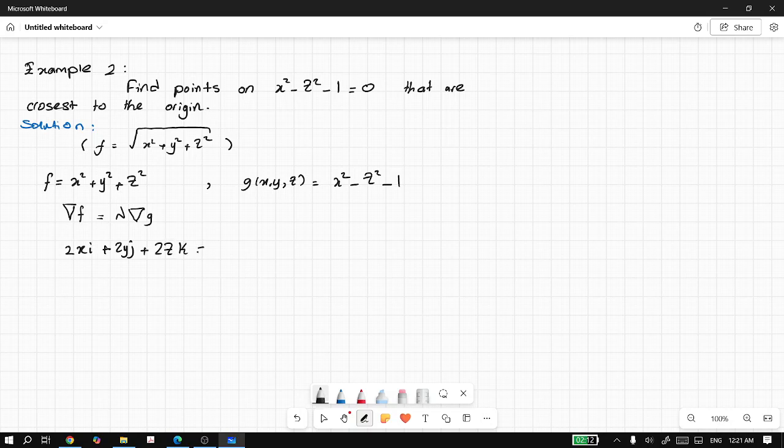And that's equal to lambda multiplied by grad g, which is 2x i, then 0 (I'll simply write 0 so that you can later compare the two sides of the equation), and minus 2z k.